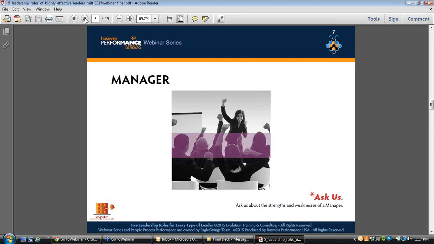It incorporates their vision. But also, when we're talking about these roles, there's no one perfect role, and typically, this is my opinion, all of these leadership roles really are accentuated when they're within a multidisciplinary team. For instance, a Trailblazer can often get ahead, and sometimes too far ahead of the organization.